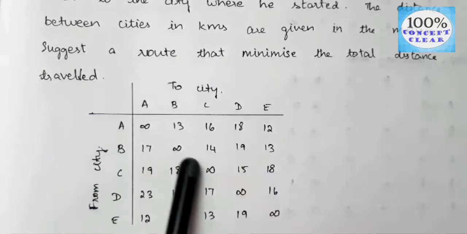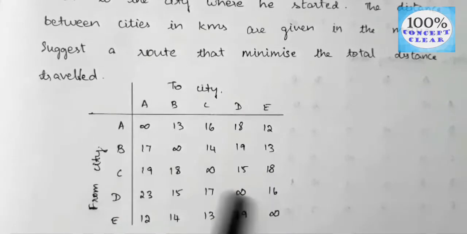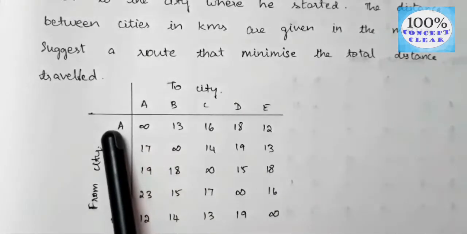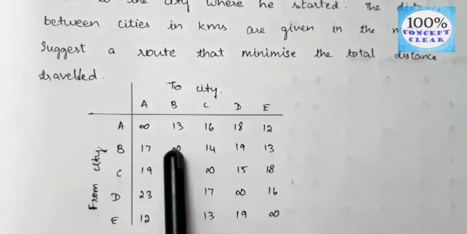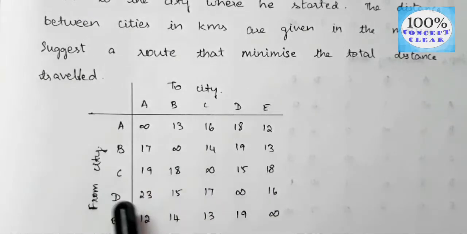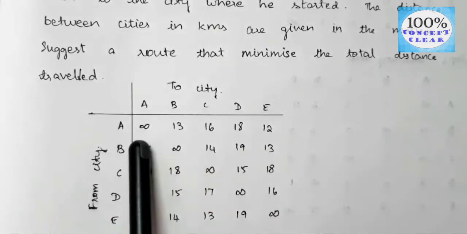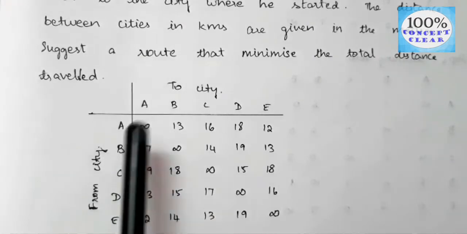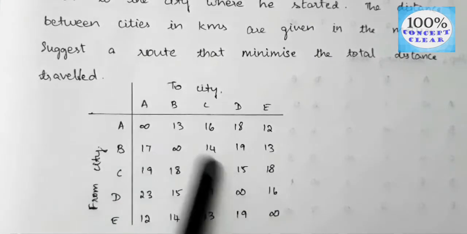Why have they given infinity in the diagonal cells? Because diagonal cells intersect the same city. From A to A city, from B to B city, from C to C city, from D to D city, and from E to E city. It is meaningless to visit the same city. That is why they have given infinity in the diagonal cells.